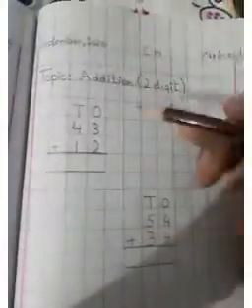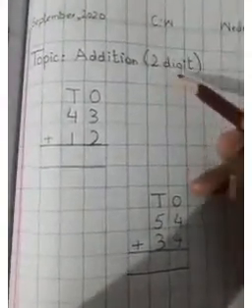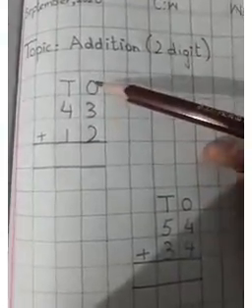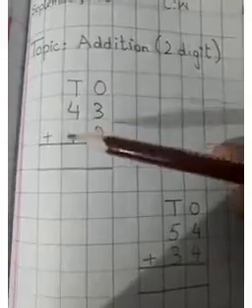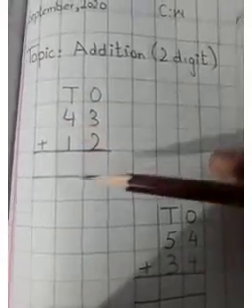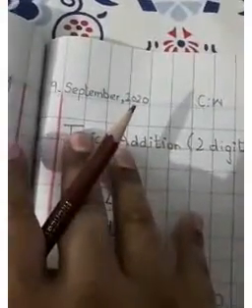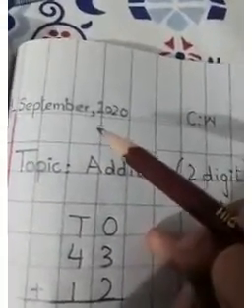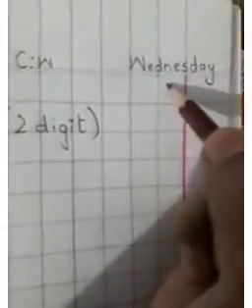In the written work today, we have the concept of addition of 2 digits. 2 digits mean numbers written on the units side as well as numbers written on the tens side. So let's repeat the date first. Today is 9th September, right? 9th September 2020, and the day is Wednesday.